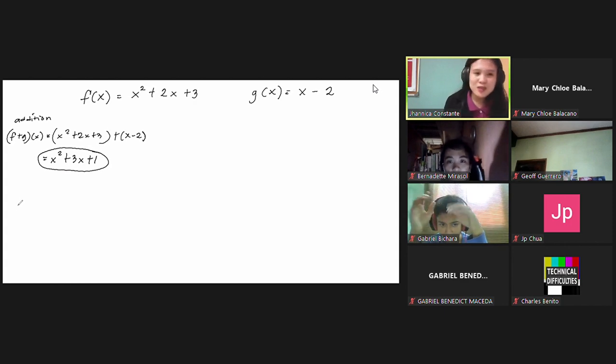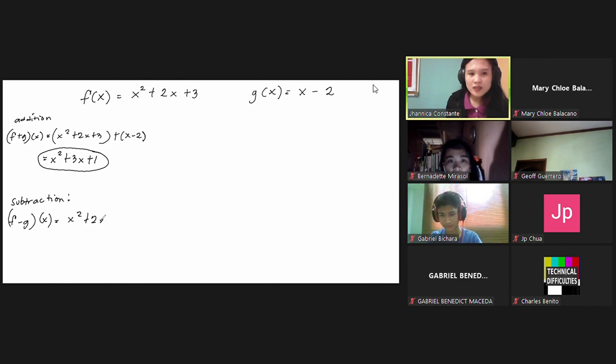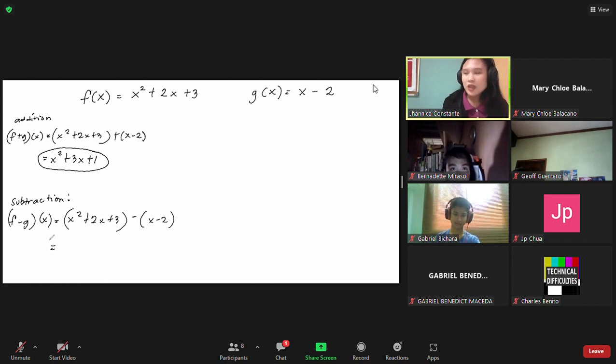Let's proceed with subtraction, subtracting the two functions that we have. So f minus g of x is x squared plus 2x plus 3 minus x minus 2. The same concept: subtract similar terms.